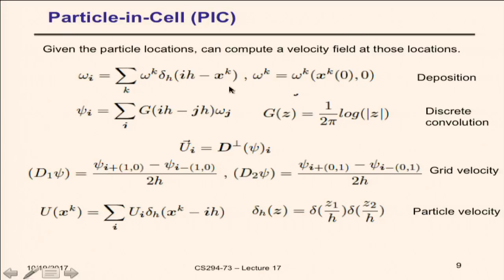We have some regularized delta that is defined as a function of its argument x, and then we say the sum over k of omega_k delta_h of (ih minus x_k) is the vorticity at grid points i. And then we have psi_i, the grid-based stream function, and that's just obtained by taking a convolution of g with omega_j, and that's going to be the regularized g.